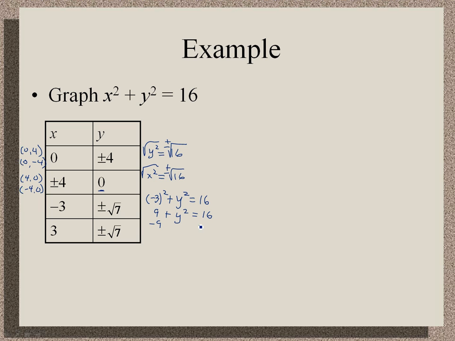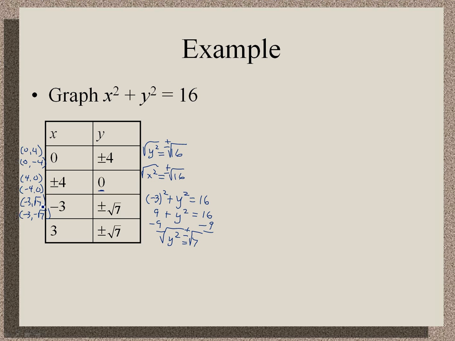And subtracting 9 from both sides gives you y squared equals 7. And then apply the square root, and you get plus or minus the square root of 7. So we have points at (negative 3, square root of 7) and at (negative 3, negative square root of 7).